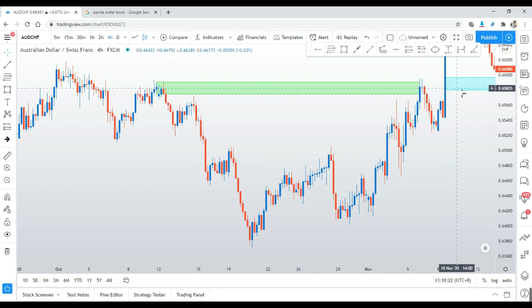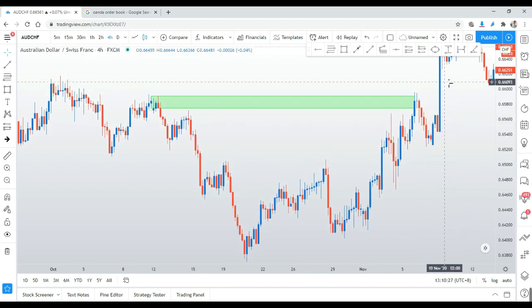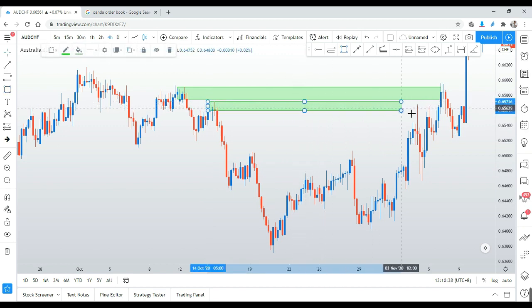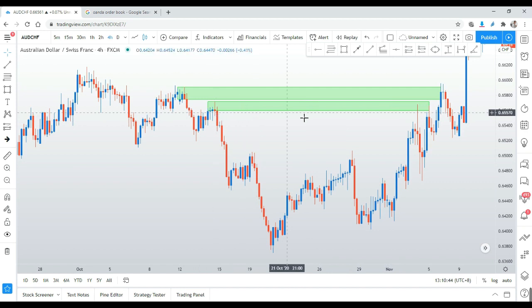The next time the price moves, it will move very fast because there is no more order left. If you look at it properly, here is another supply zone. When you pull it back, you can see that it reacts twice. The reason is that maybe the first time the price did not completely consume the orders. Then the second time, once they are consumed, the price moves up very fast, swiftly.